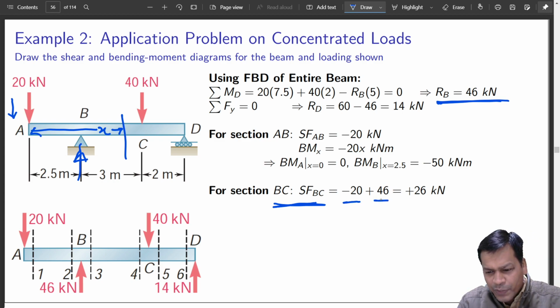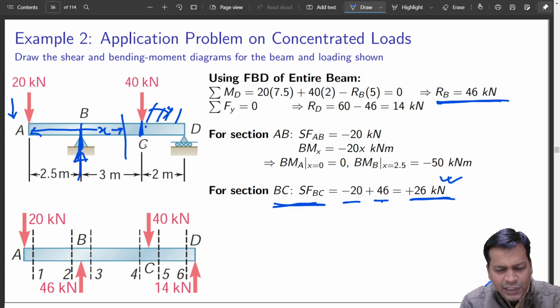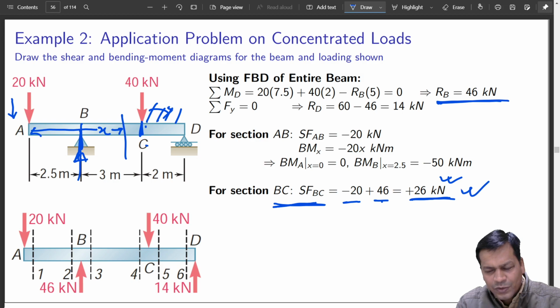So minus 20 plus 46, it is plus 26 shear force that remains at any point between this to this. Beyond this point it may have some other value, we'll see later. But till C you can clearly say yes, it is this. So this is clear. Very good.